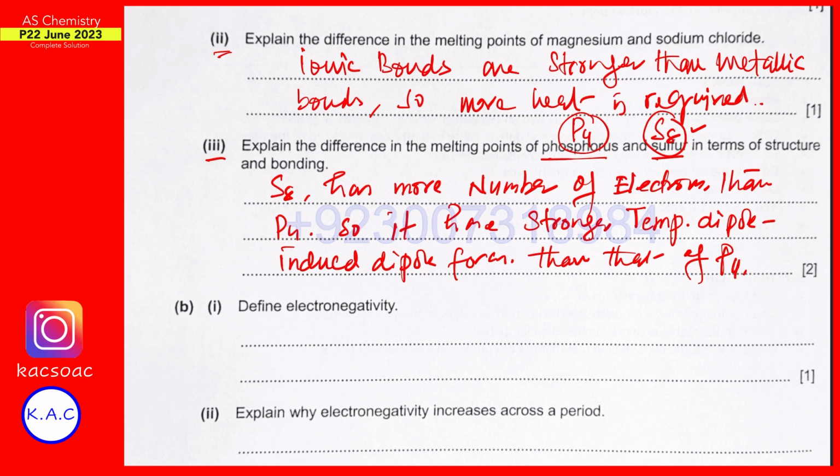So that's why its melting point is higher. The melting point of sulfur is higher than P4.